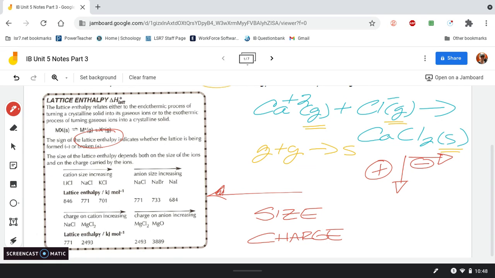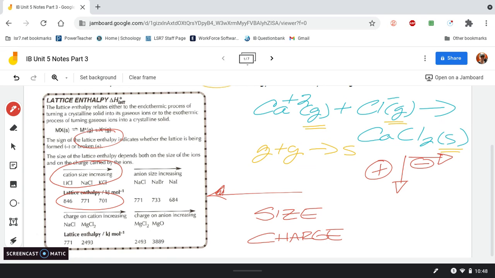This is the size trend. So what we can predict about lattice energy is that as things get bigger, lattice energy goes down. So you have less lattice energy if things are bigger.